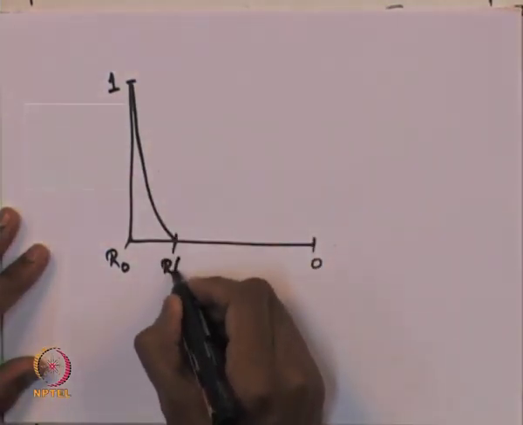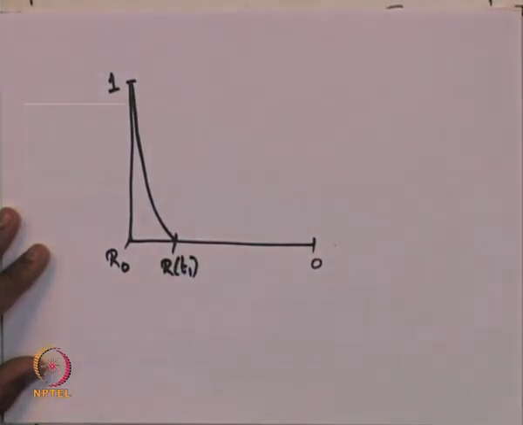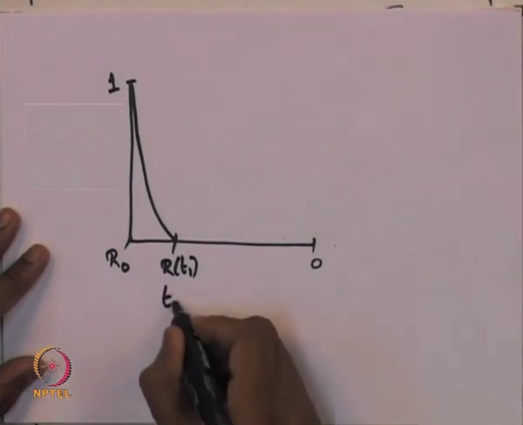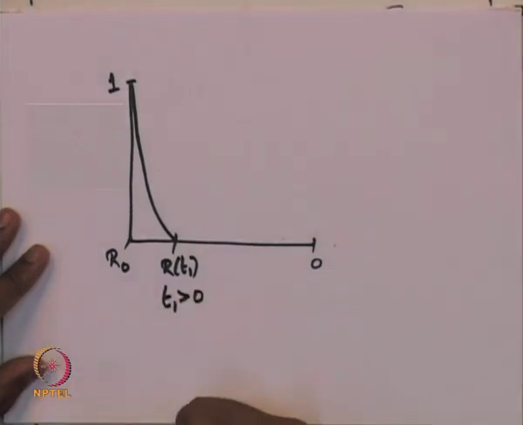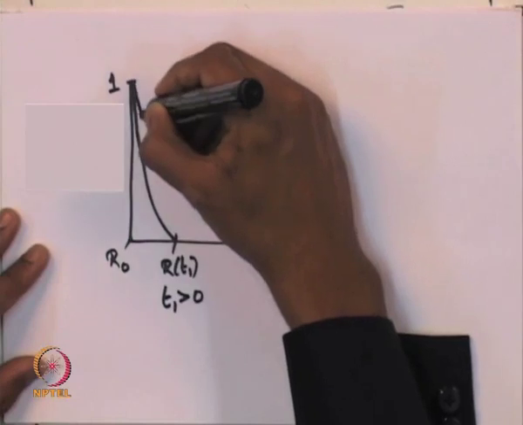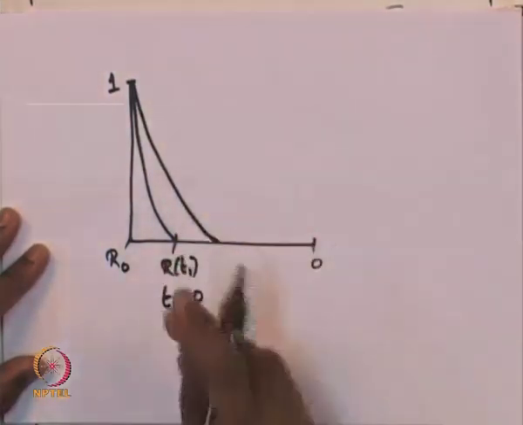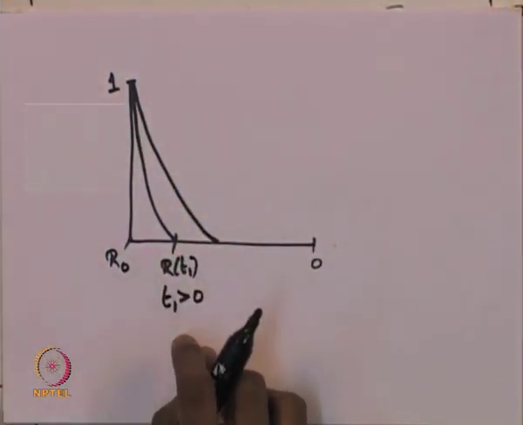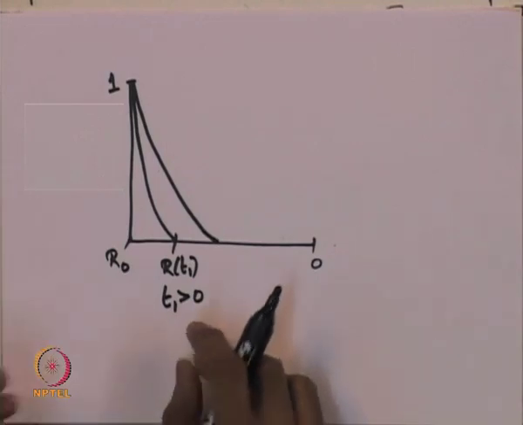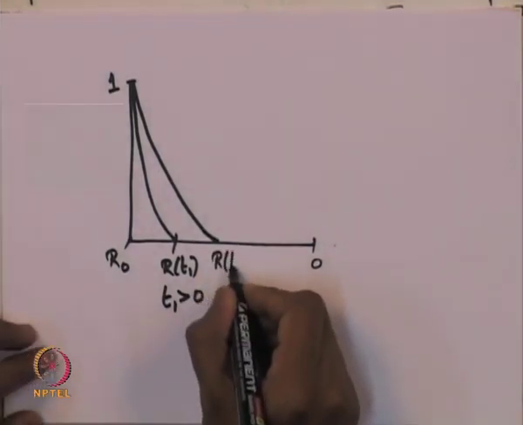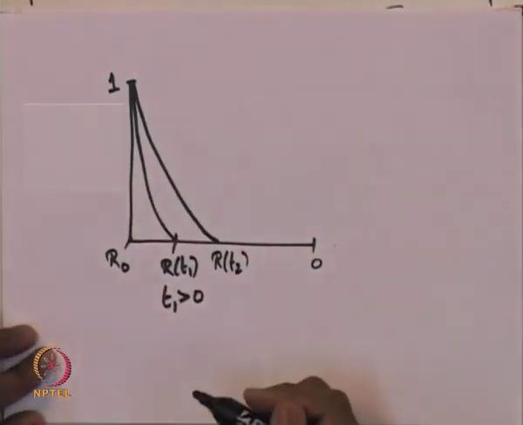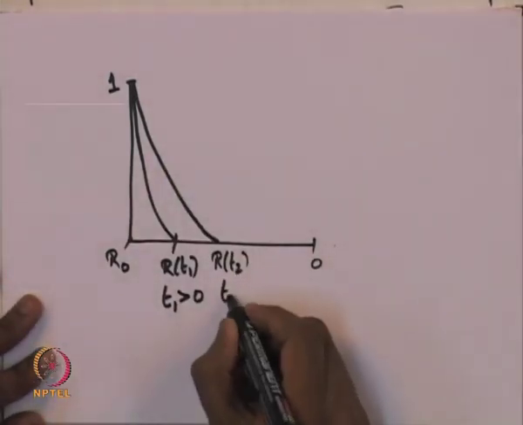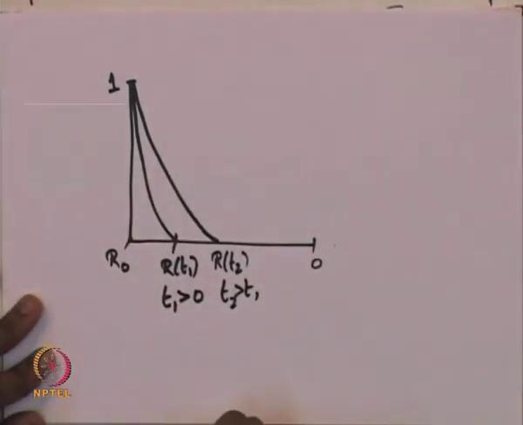So, if R T1 is the radius of the unreacted core at time T1, where T1 is greater than 0, and at a later time further reaction would have occurred and the unreacted core would have shrunk a little more, this will be R of T2, the profile at time T2, where T2 is now greater than T1.